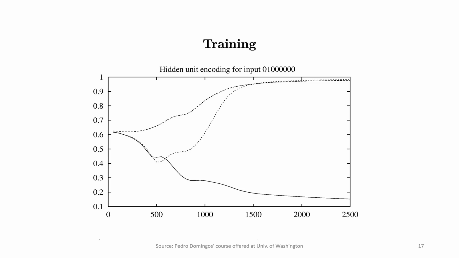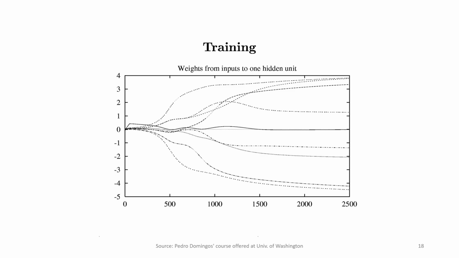As you can see, initially the network is confused, or doesn't have the right encoding, and over time it slowly learns the right encoding, where 2 of the hidden units go towards 1 and one of them goes to 0. Just verify this 0 1 0 0 0 0 number. I think this hidden encoding may be for a different input, so just correct that. But the basic idea remains as shown here.